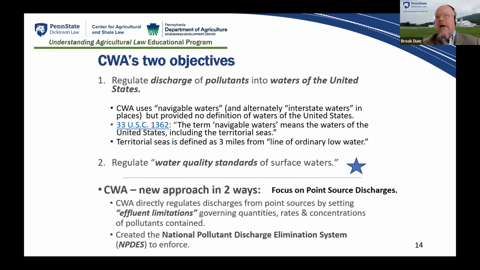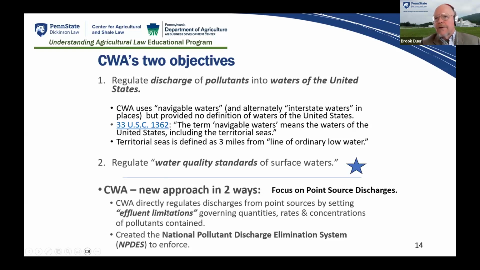And then there was a second objective, which was regulating water quality standards of surface waters. And that was what we covered in the first webinar, except it was really all about the NPDES permitting system for point source discharges, and then there are some others that get lumped in.